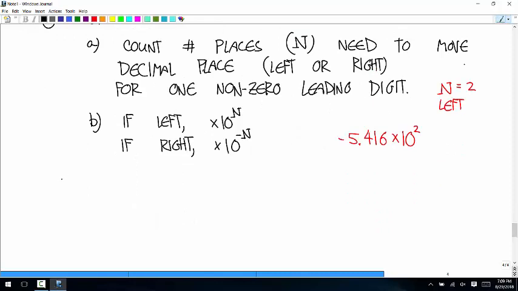And then the other thing that we'll have to be able to do is go from scientific notation to standard.